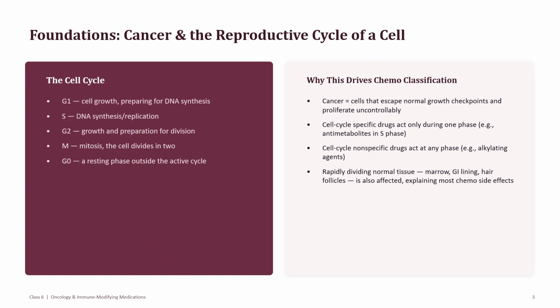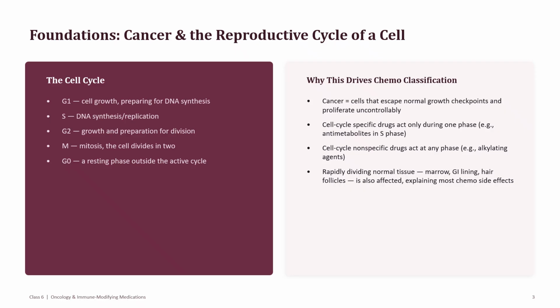And at several points in the cycle, there are checkpoints, basically like little security guards that check the DNA and then ask, is the cell healthy enough to keep going? If the answer is no, then the cycle stops and the cell is told to self-destruct. So cancer is what happens when a cell finds a way to sneak past those security guards and it just keeps dividing over and over, ignoring every checkpoint as it's going through the cycle.